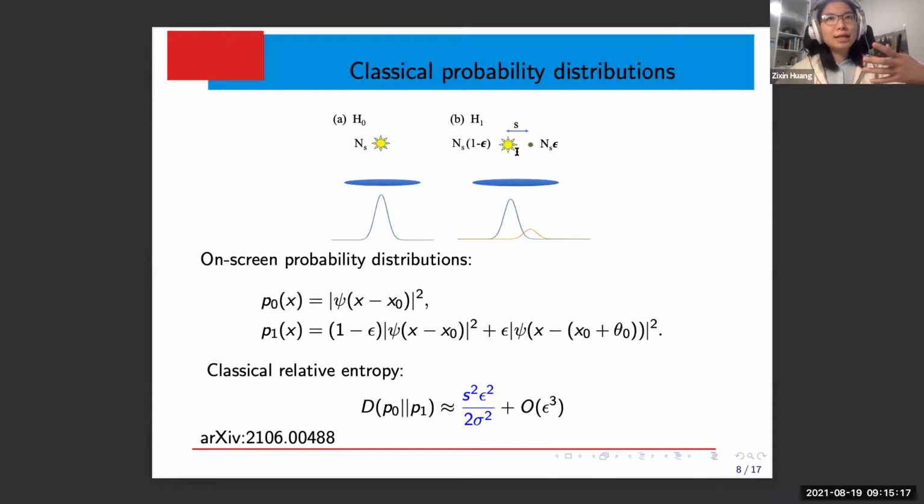So this is quadratic in both the separation between the two sources as well as the relative intensity. So if both of these parameters are small, then the classical relative entropy is also very small, and that quantifies why detecting a faint object next to something that's bright is very difficult.